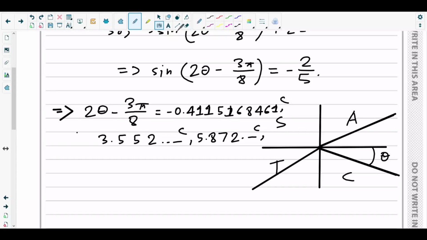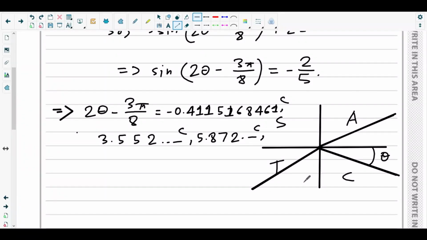So what will the fourth one be? We have rotated by 2 pi radian and are again on the first quadrant. Here it is not possible because sine theta is positive in the first quadrant, and the second quadrant is also not possible. But in the third quadrant, after a complete revolution of 2 pi radian, we can have another possible value. This is 2 pi, and then we rotate by half a circle, pi radian.